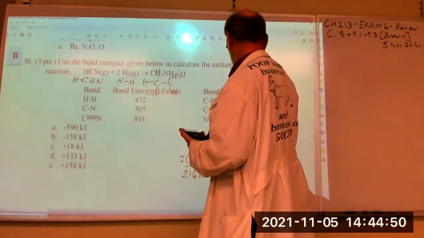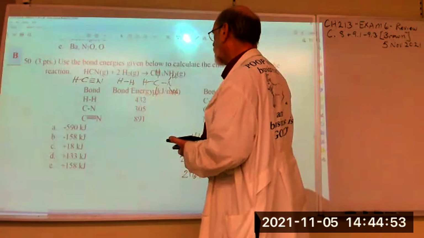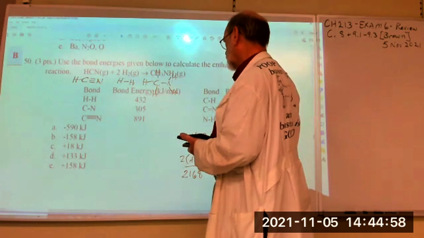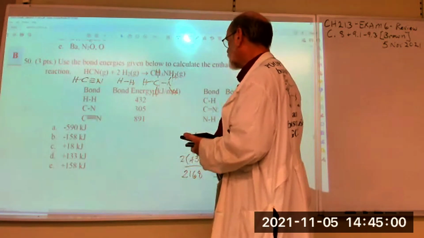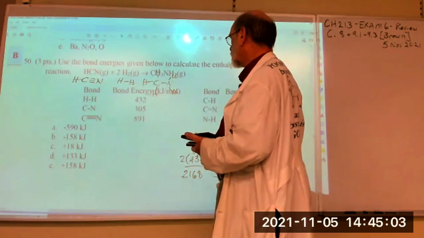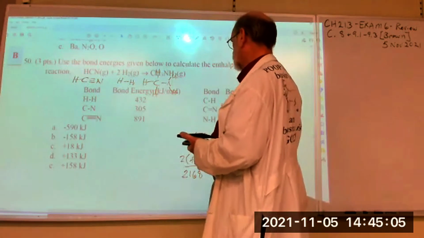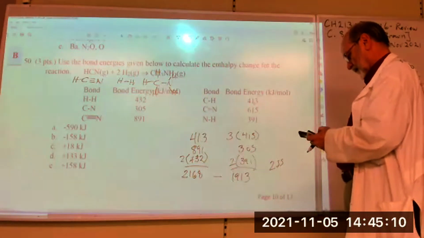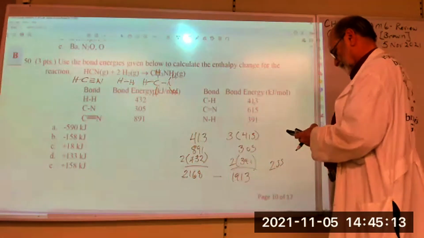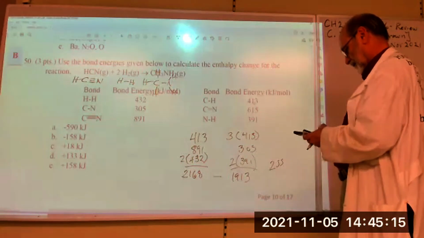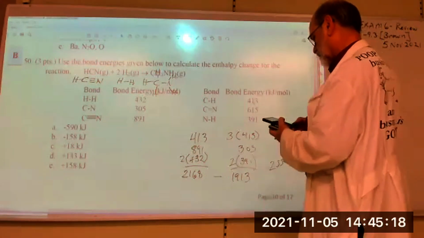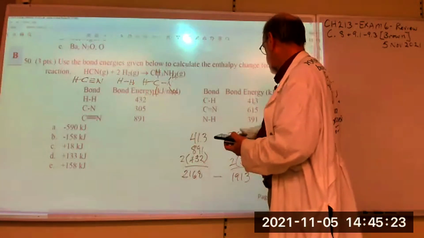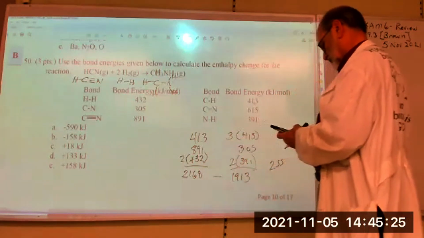413 CH. Yep. C double bond N 891. Yes. 432 times 2. See if I add those up right. 2168. Okay. 3 CHs, 413.